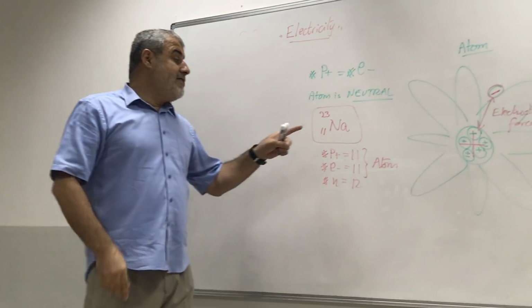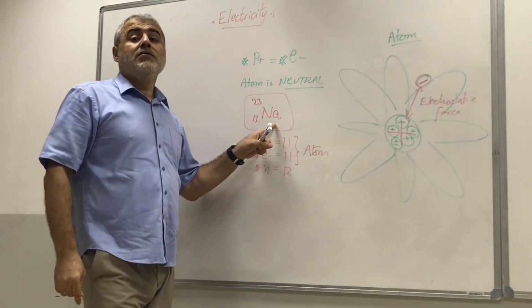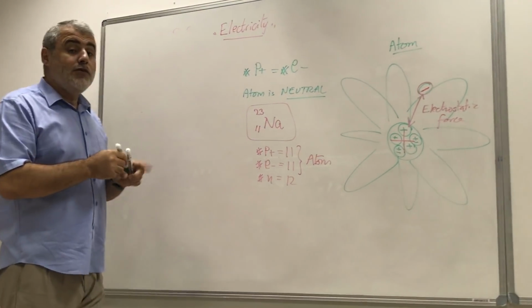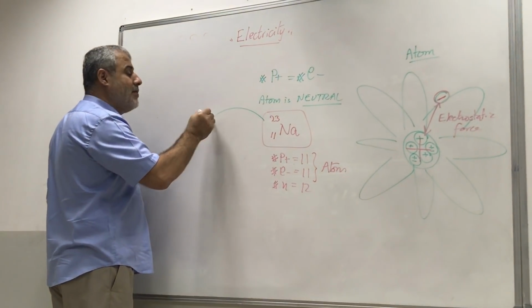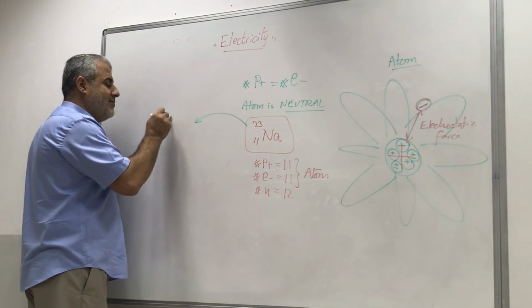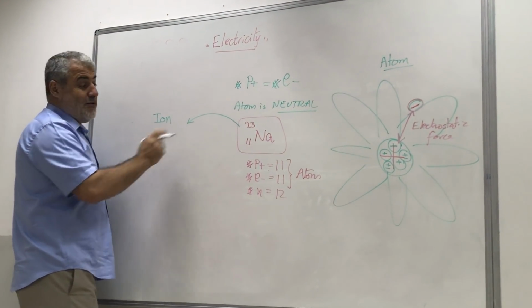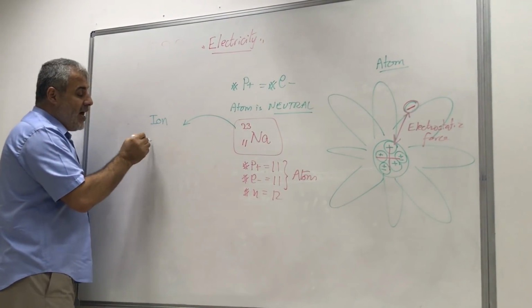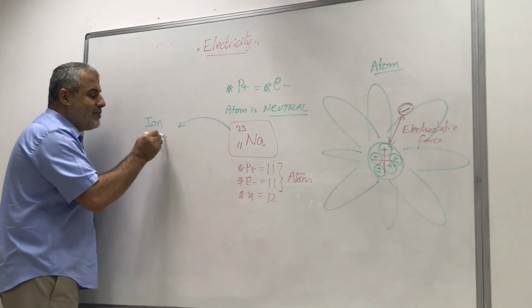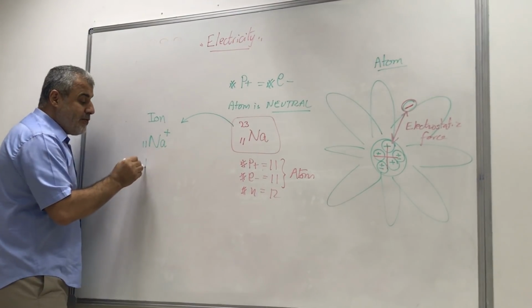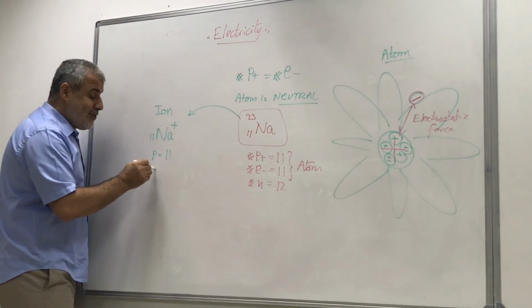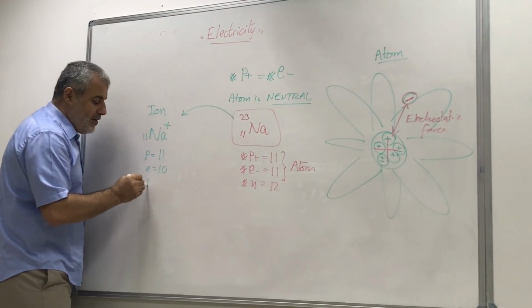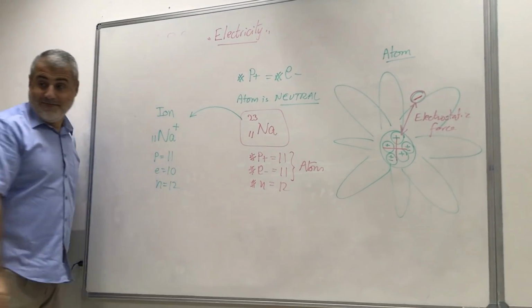Now, if this atom loses one electron, it will turn into an ion. So we have an atom, now it becomes Na plus only. The number of protons is now 11. Electrons, 10. Neutrons don't change, 12.